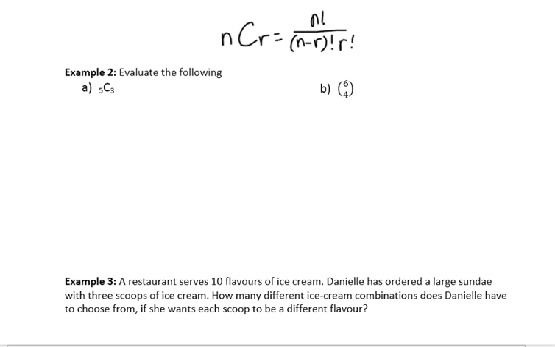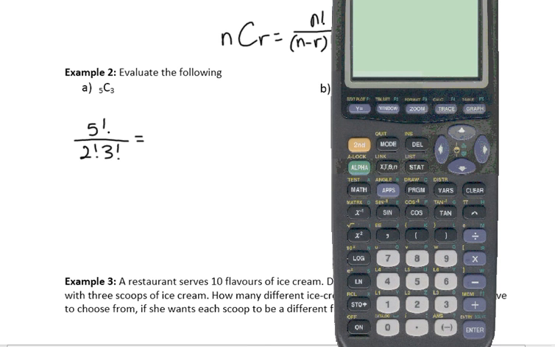Okay, or use your calculator. So 5 minus 3 is 2 factorial over 3, our r is 3 factorial. Or with your calculator, 5 math, 3, and we want to choose 3 of them. Okay, 10.